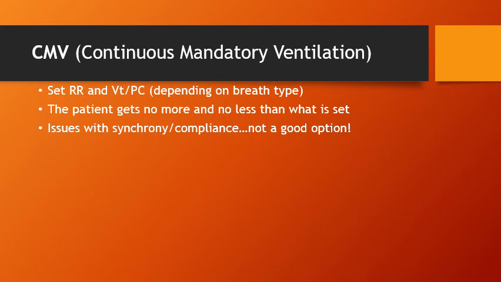So if you set a respiratory rate of 15 and a tidal volume of 400 milliliters, that ventilator is going to give that patient 15 breaths of 400 milliliters every minute, no matter what, up and down, no matter what's happening. So that works okay in a setting like the operating room, where the patient is paralyzed and completely sedated and not trying to breathe at all on their own.